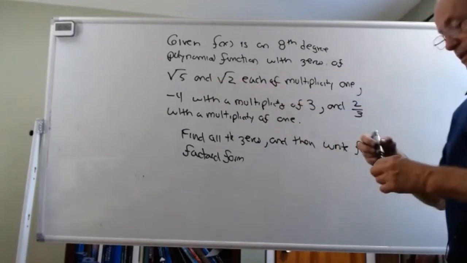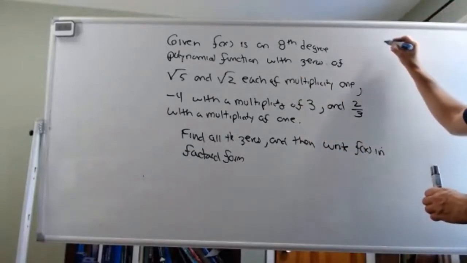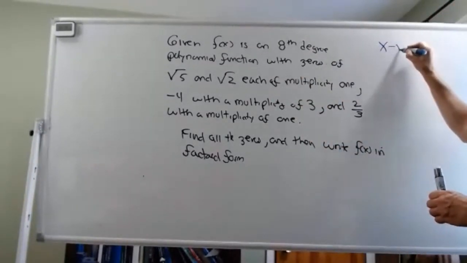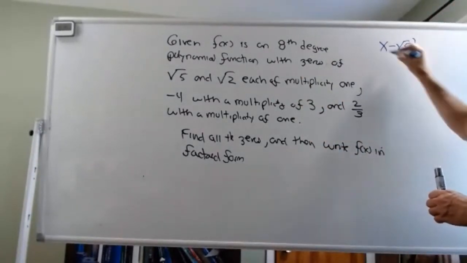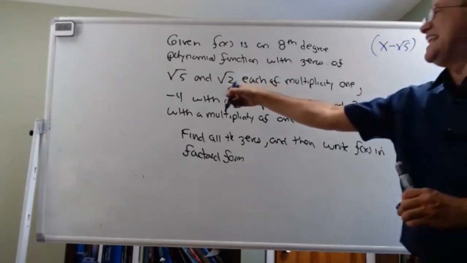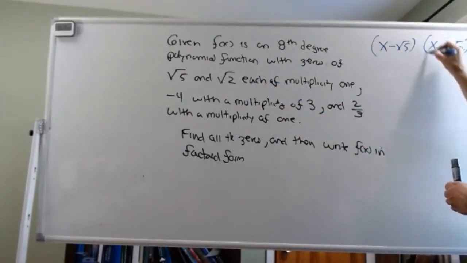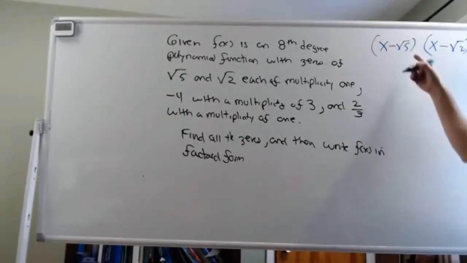So this tells me x minus the square root of 5, that's a root. And the other one tells me x minus, I always take the negative of that, and that's one of the zeros, square root of 2, that's a factor.